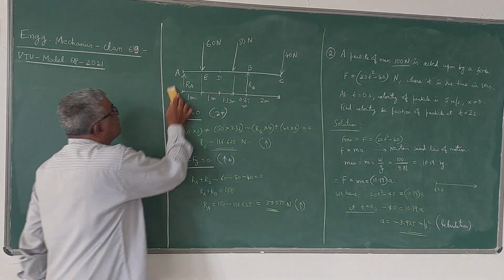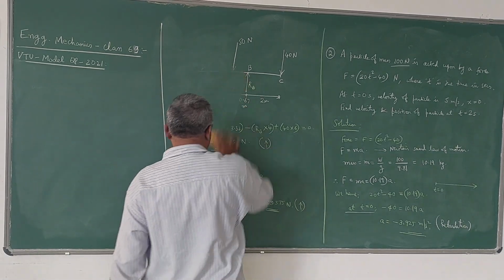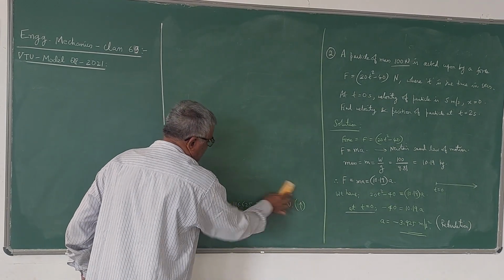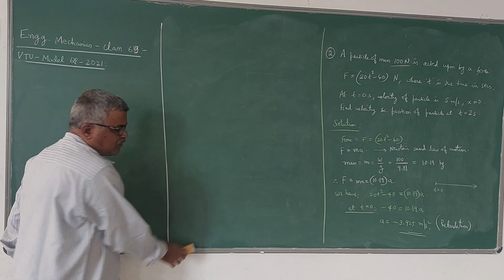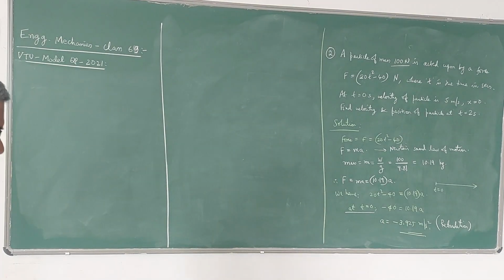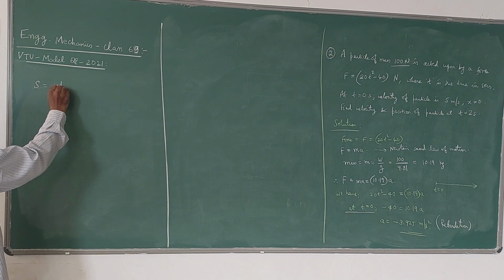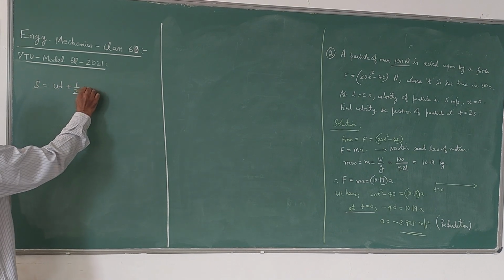We have s is equal to ut plus half at square. That is one of the equations of motion.